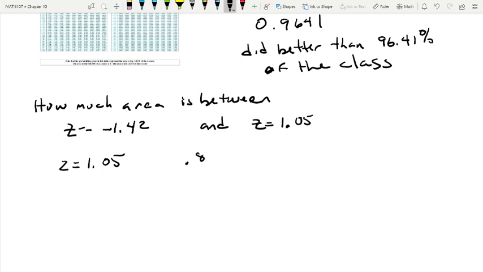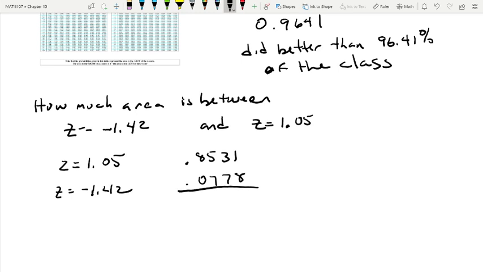Then for the z-score of negative 1.42, I find that value and get 0.0778.